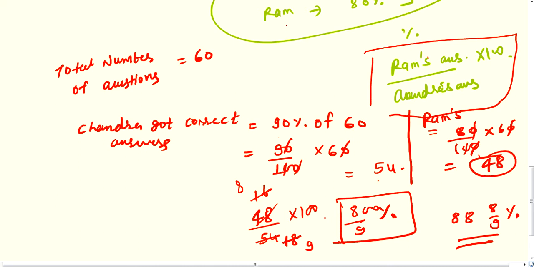Then question number 3. In an examination, the maximum marks are 900. A student gets 33% of the maximum marks and fails by 45 marks. What is the passing mark? Also find the pass percentage. So the first is maximum marks.